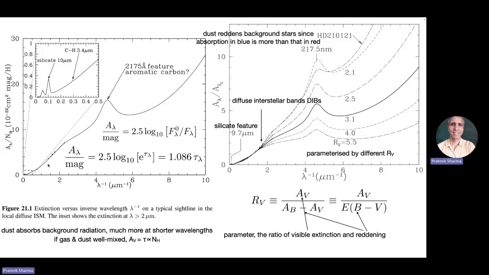Okay, so this is how it looks. The x-axis here is lambda inverse. We know that dust absorbs more in UV, much more in UV compared to infrared. So this is lambda inverse of 10 inverse micrometers. So this is like 0.1 micron, 1,000 angstrom, right?